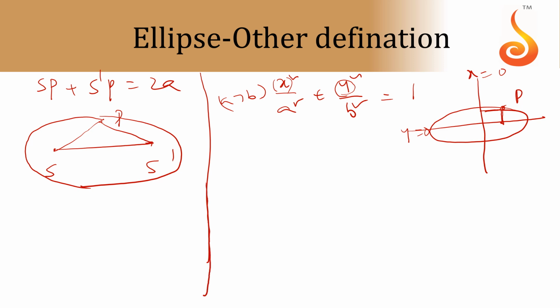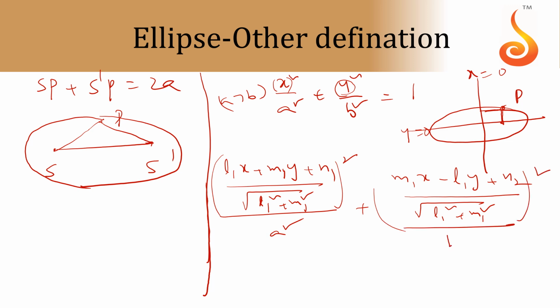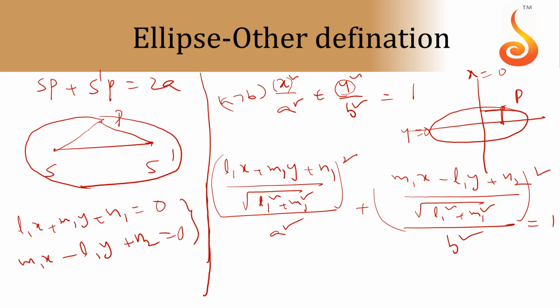So if you observe the ellipse in that way, we can write the ellipse equation in another way, that is ((L1x plus M1y plus N1) by under root of L1 square plus M1 square) whole square by a square plus ((M1x minus L1y plus N2) by under root of L1 square plus M1 square) whole square by b square equal to 1, where L1x plus M1y plus N1 equal to 0 and M1x minus L1y plus N2 equal to 0 will be the major and minor axis.